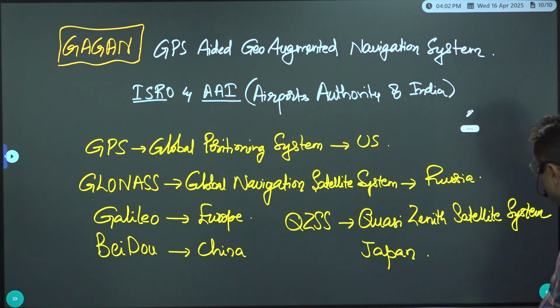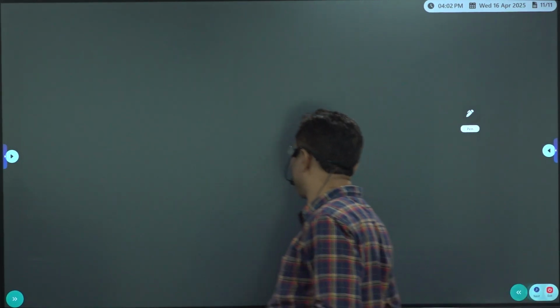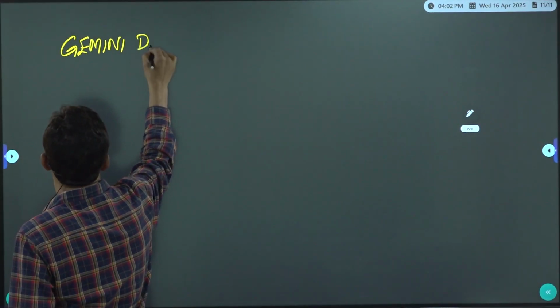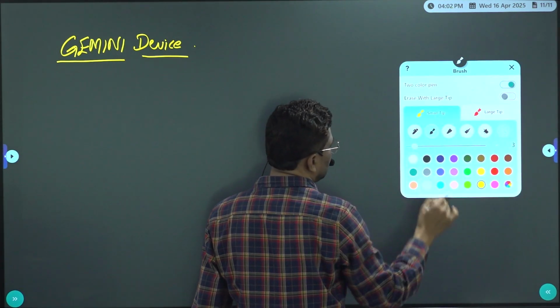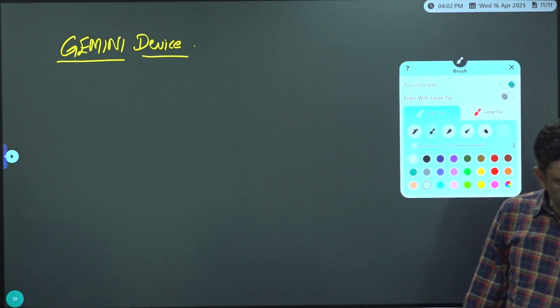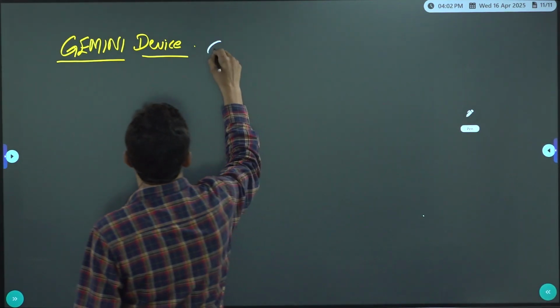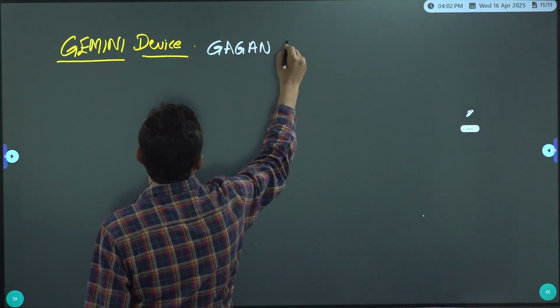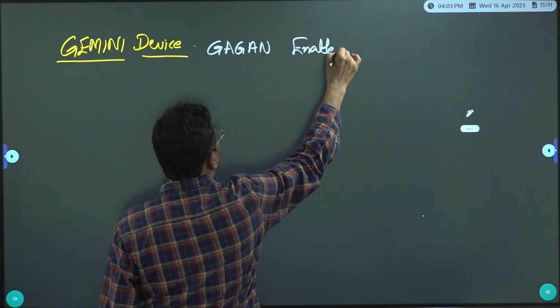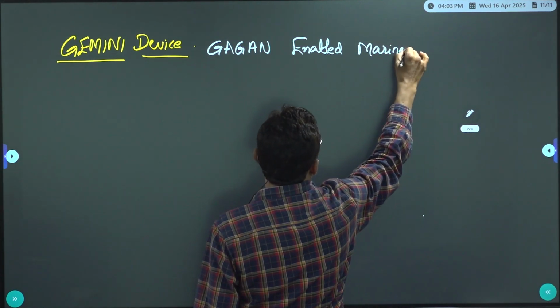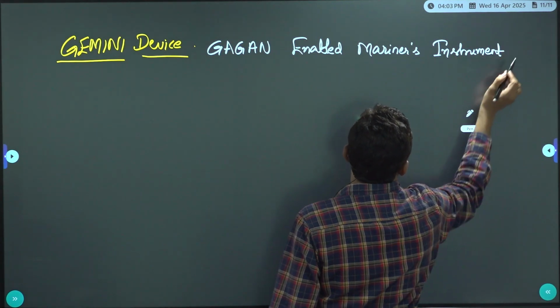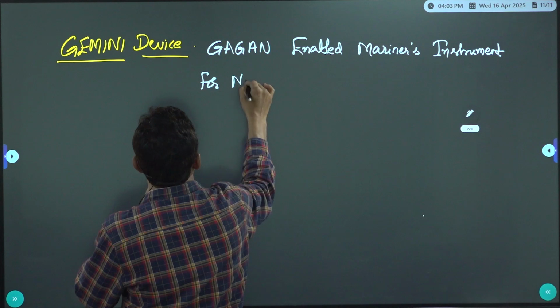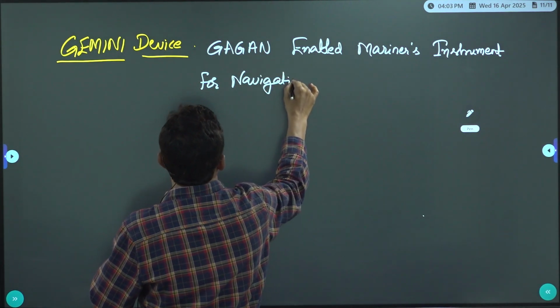The next one is GEMINI device. GEMINI device, Gagan Enabled Mariners Instrument for Navigation and Information.